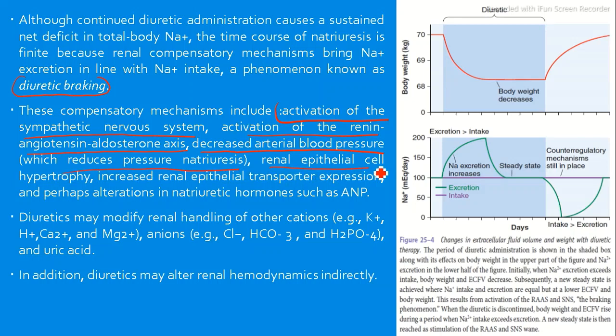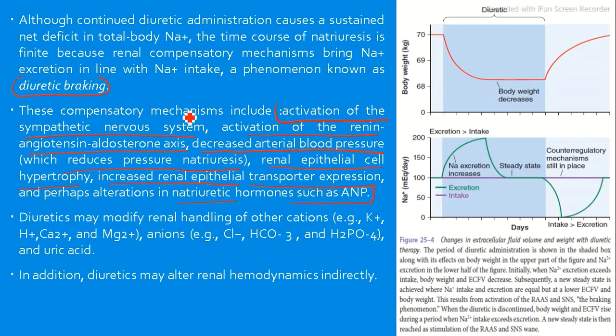Then renal epithelial cell hypertrophy, increased renal epithelial transporter expression, and perhaps alterations in the natriuretic hormones such as ANP. All of these compensatory mechanisms may start together and compensate the loss of sodium caused by consumption of diuretics, or any one of these mechanisms may have a dominant action.